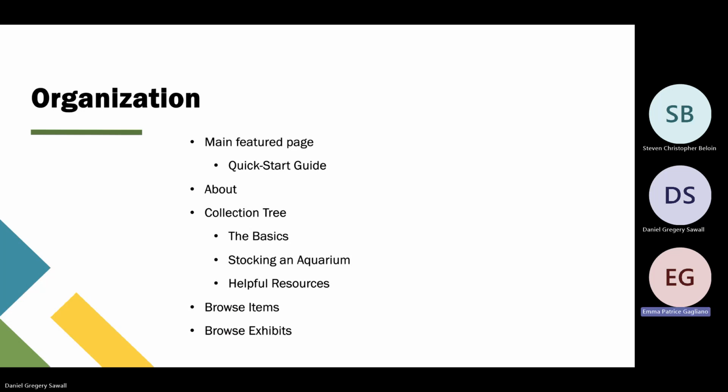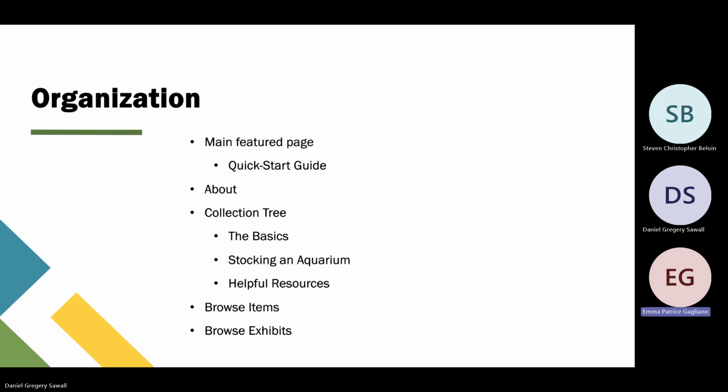Next, we created our About page, which explains what our digital library is about and what topics will be covered, which is freshwater fish. And then is our collection tree, which is comprised of three collections: the basics, stocking an aquarium, and helpful resources.